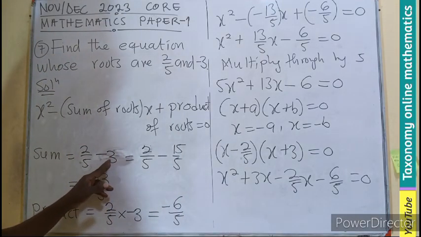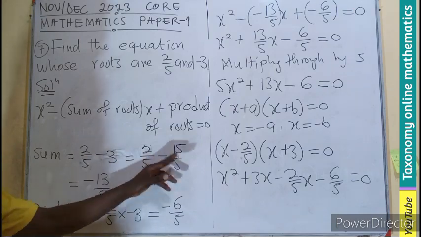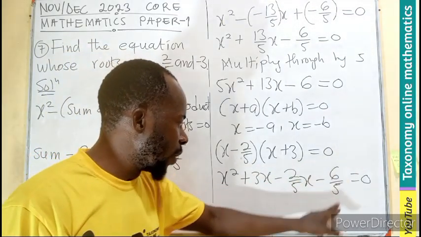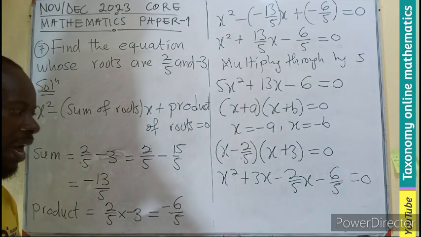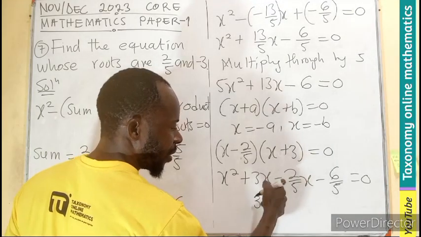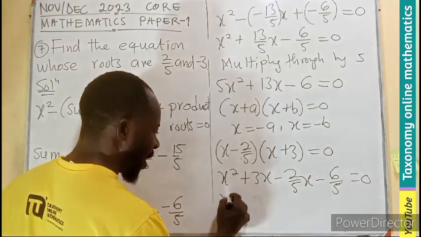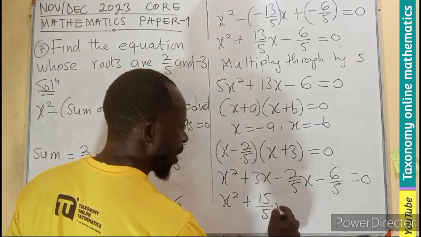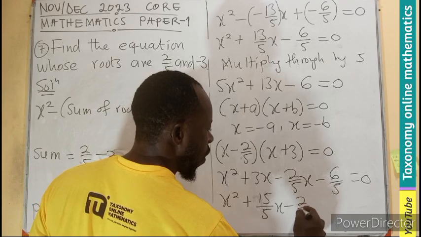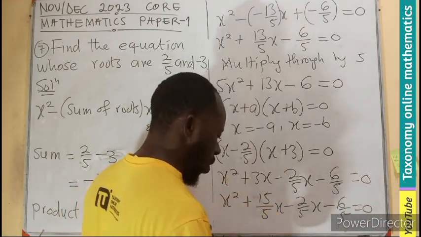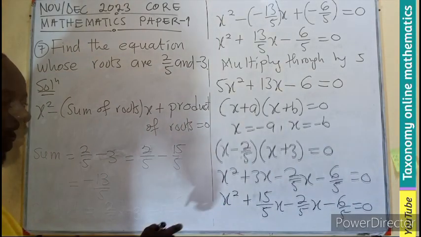Here we had 2/5 minus 3, and we can do the same thing here to get our answer. Already we know the product from here. So let's see. 3 minus this could be x squared plus 15/5 x minus 2/5 x, minus 6/5 equals 0.